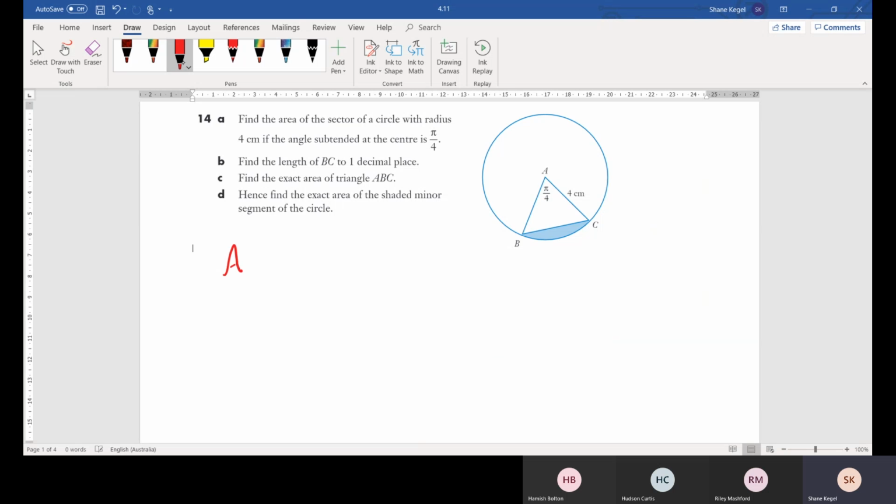So let's use our area formula, which we now know. Area equals 1/2 times 4 squared times pi on 4.